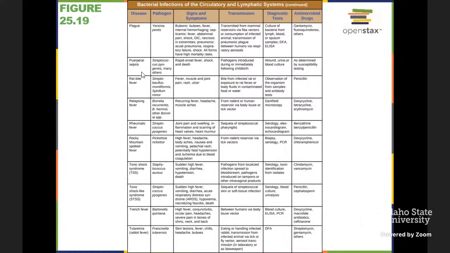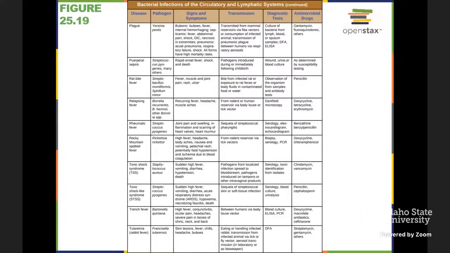The puerperal sepsis, this is the childbed fever that we thank Ignaz Semmelweis for teaching us all we ought to wash our stinking hands, right? So fever, shock, and death are main potentials with that. Rat bite fever, not to be confused with cat scratch, right?